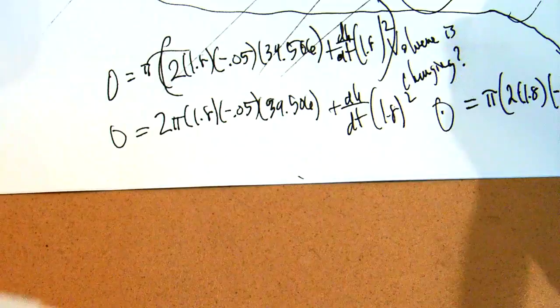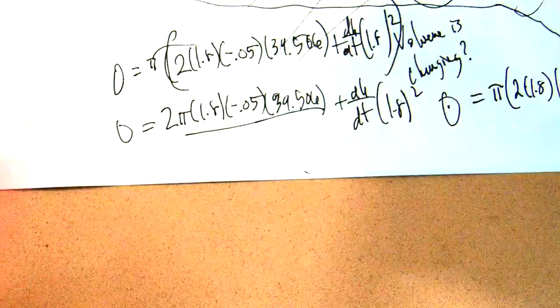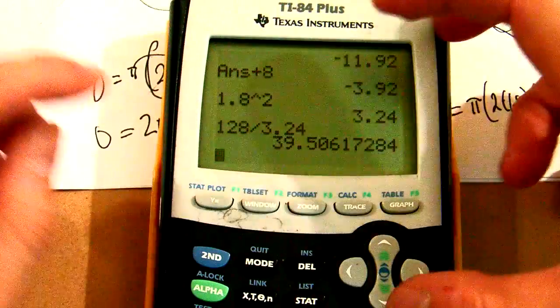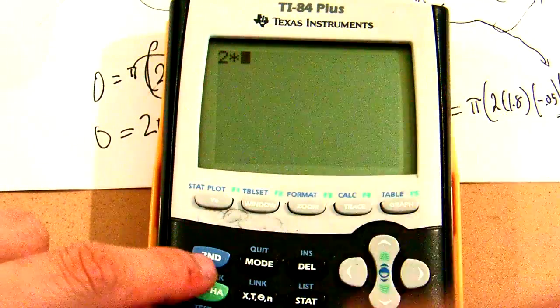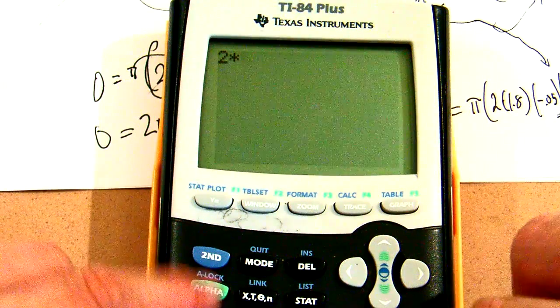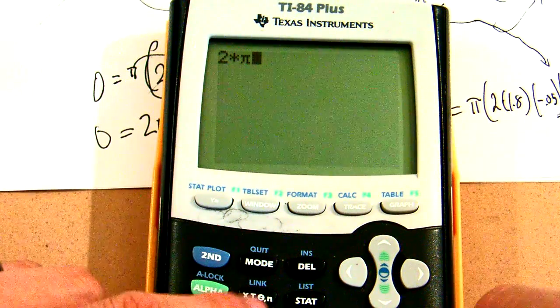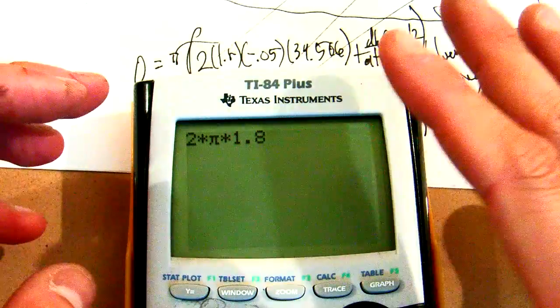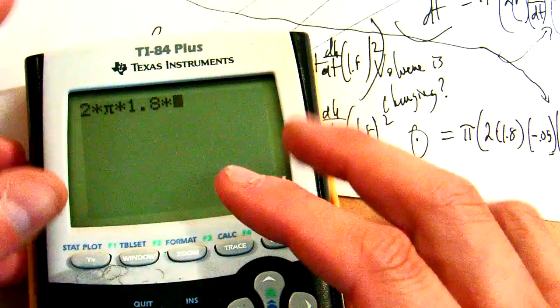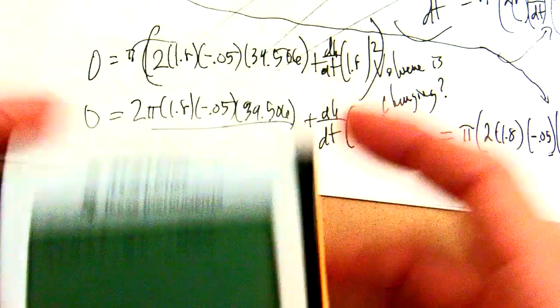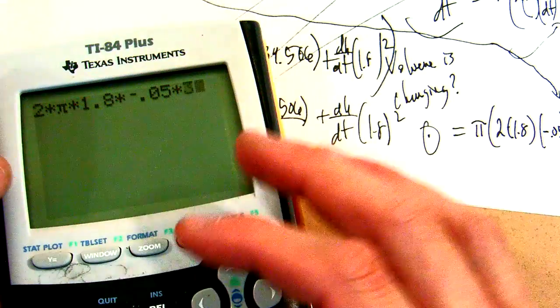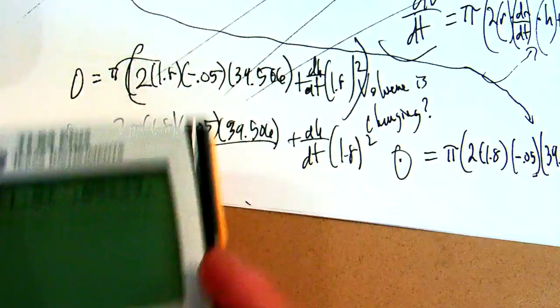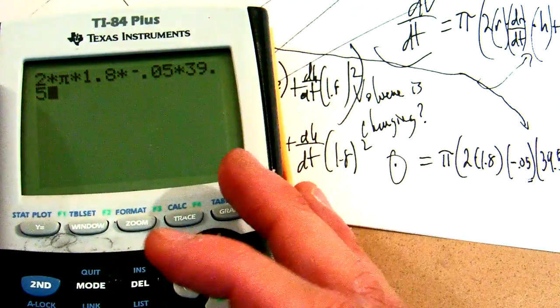And now at this stage, I'm just going to use a calculator and get a number for this. So I'm going to go 2 times pi, times 1.8 times negative 0.05 times 39.506.